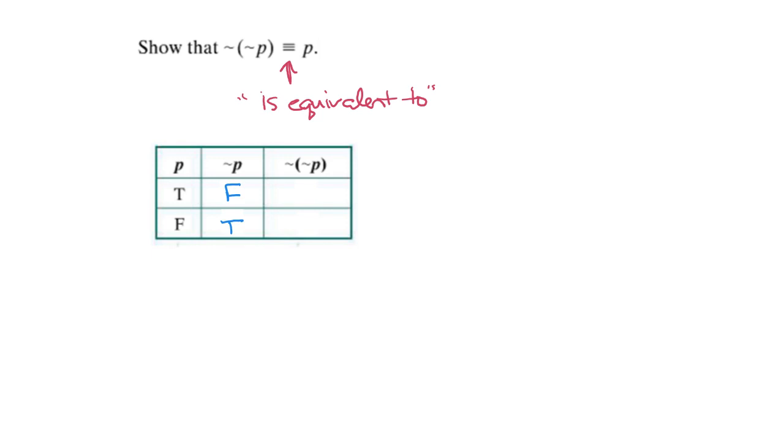Then we're going to focus on that second column and find the negation of the second column. So if the second column is false, the third column will be true. If the second column is true, the opposite would be false. What they're showing is that P and the opposite of not P are equivalent, and you prove that with the truth table.